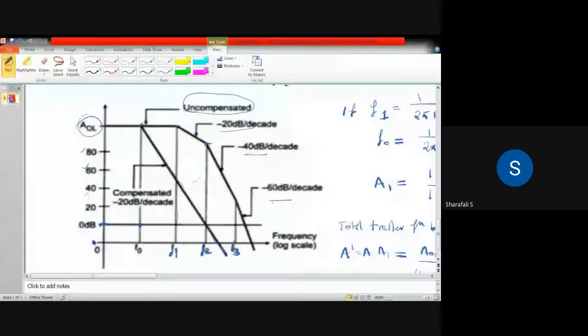If I plot it on the previous curve, this is the new pole in your circuit compared to the uncompensated case, and this f1 will be gone. f1 will not be there, and f2 and f3 will be there.